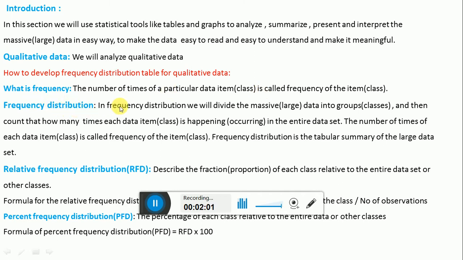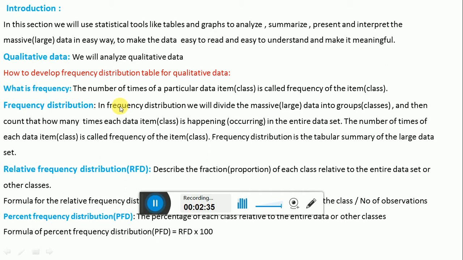In frequency distribution, we divide the large data into groups, into classes, and then we count how many times a particular class, group or data item occurs in the entire data set. The number of times of each data item is called the frequency of the item.